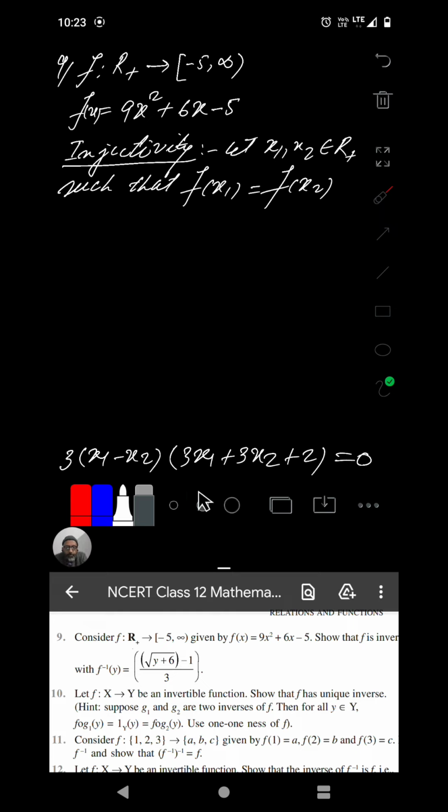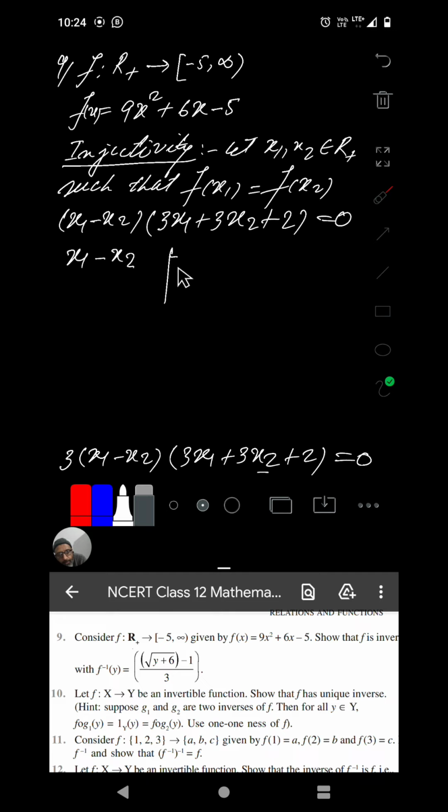Now proceeding from this step, transposing 3 to the right hand side, we have (x1 minus x2)(3x1 plus 3x2 plus 2) is equal to 0. So either x1 minus x2 is equal to 0, or 3x1 plus 3x2 plus 2 is equal to 0.